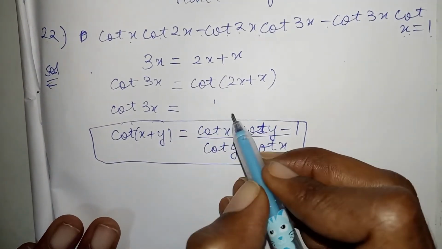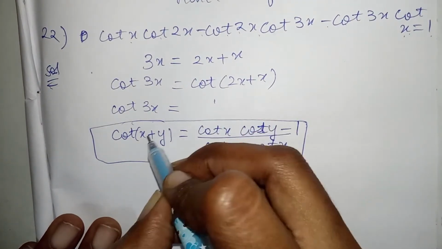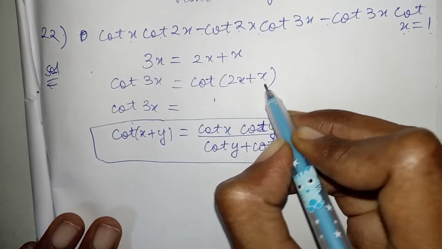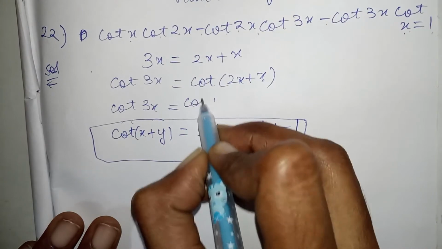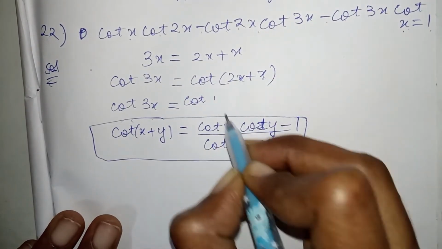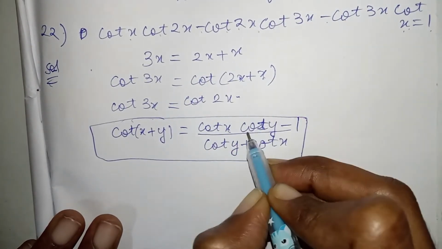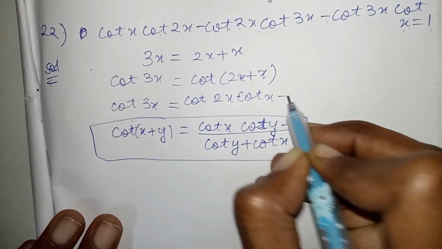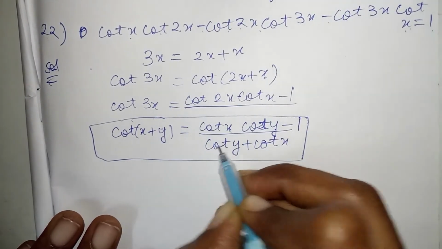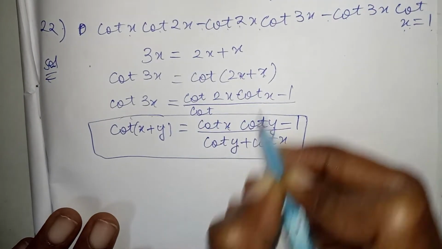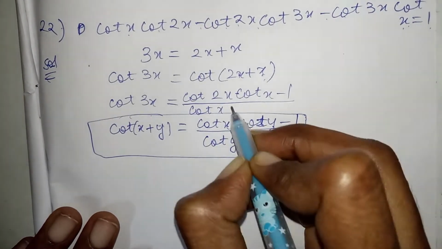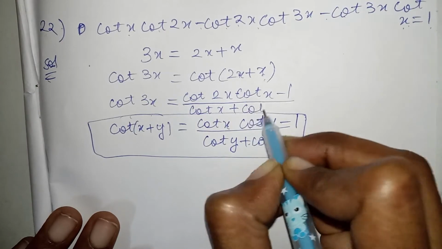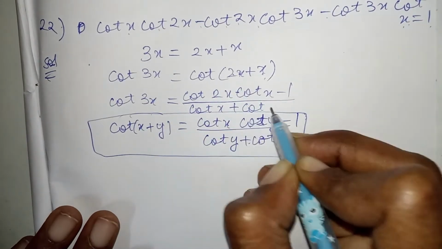See, so cot is there. In place of x, 2x. In place of y, x. So cot of 2x, cot x minus 1, divided by cot x plus cot 2x.